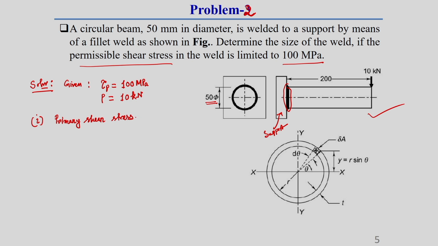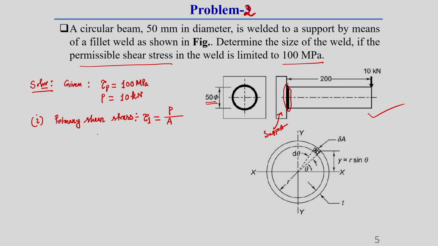Here the primary shear stress, tau 1, is equal to the applied force P divided by the cross sectional area in the throat region of the full weld, or you can say all-around weld.